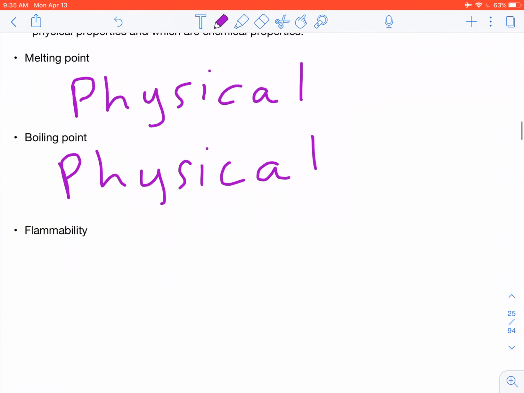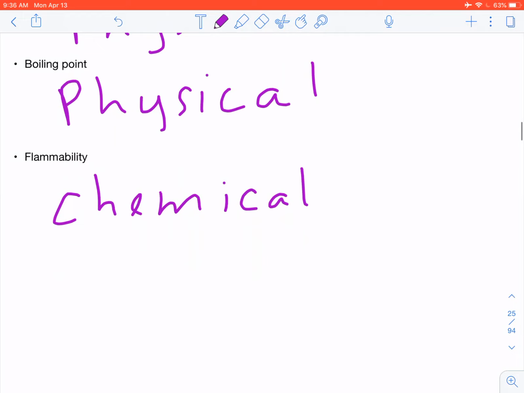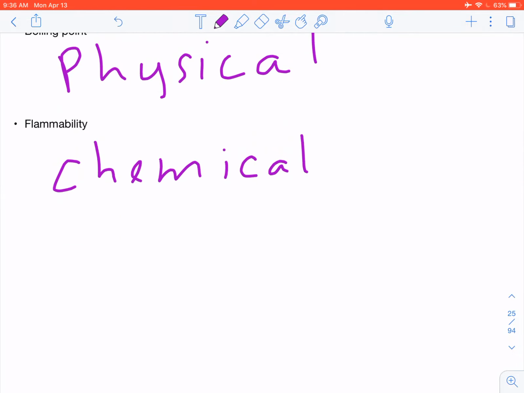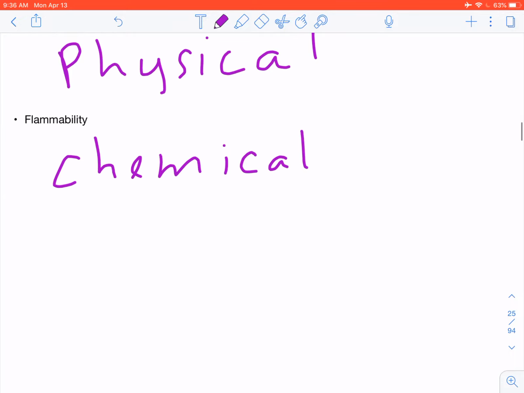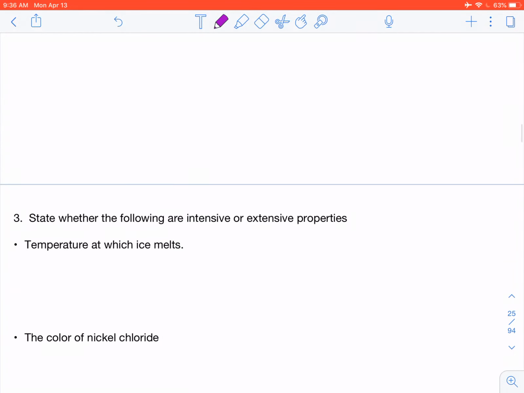And flammability is a chemical property because of how it reacts with another substance, and it forms a new substance altogether. So, for instance, you've got carbon combining with oxygen to give you carbon dioxide, and that has completely different properties.